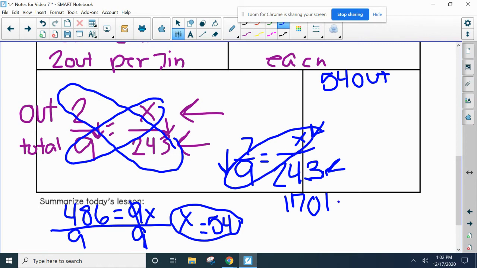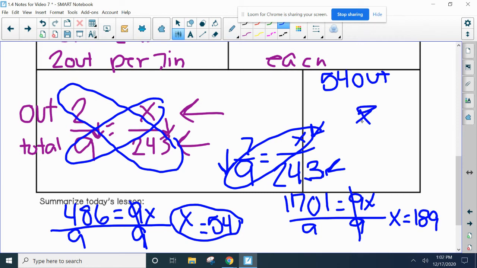Multiply my diagonals, which equals 9x. I'm going to divide both sides by my 9. And in the total campus, if in a group of 9, 7 kids are in state, the total of all of the in-state kids at this school is going to be 189. So not x.